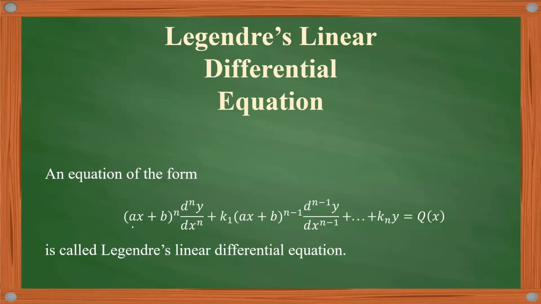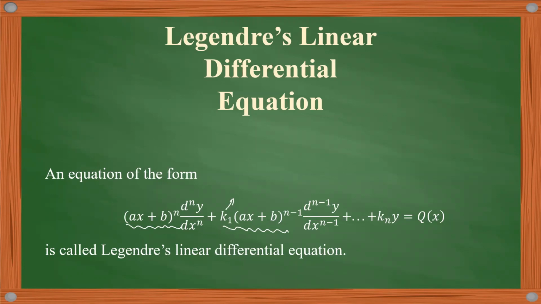It will be of the form (ax plus b) raised to n d^n y by dx^n plus k1 into (ax plus b) to the power n minus 1 d^(n minus 1) y by dx^(n minus 1), and so on, and that is equal to Q(x). So all these k1, k2, k3 are constants, and this ax plus b is a variable coefficient. So we can say that it is also a linear differential equation with variable coefficient.